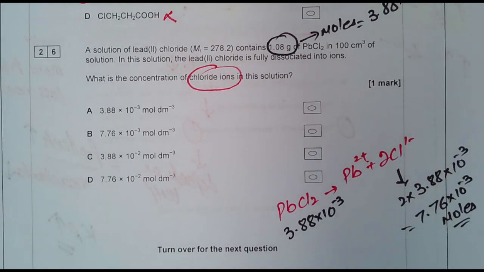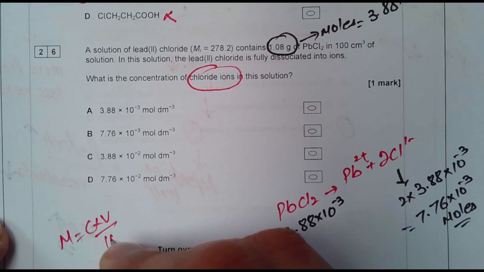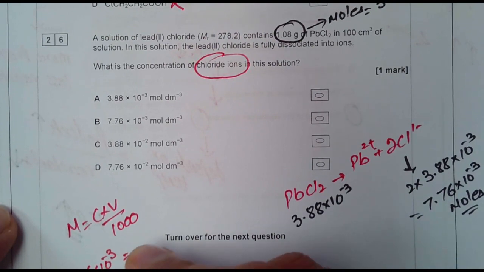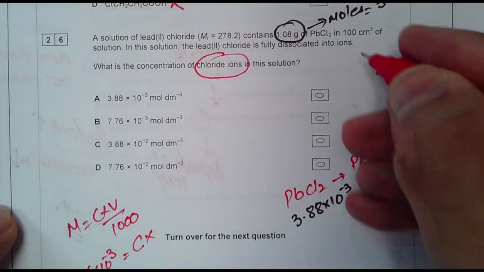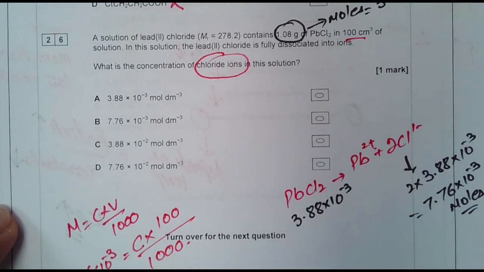Once I know this, I can use my formula. Moles equals C times V over 1,000. Replace moles with its value, 7.76 times 10 to the power of minus 3 equals C times volume, which is 100 over 1,000. And if you work it out, the answer will be D.